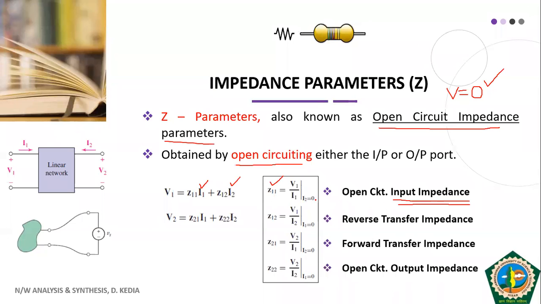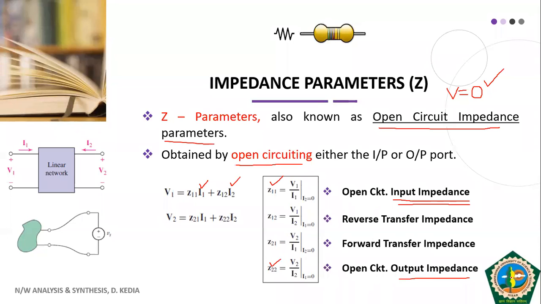So here Z11 is the input impedance. I hope this is clear to all. Similarly, let us take the case of Z22. Z22 is your output impedance. And if you remember, Y22 was the output admittance.